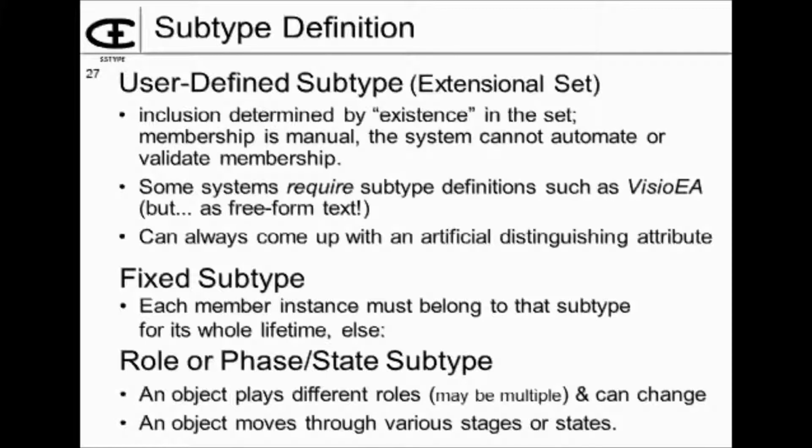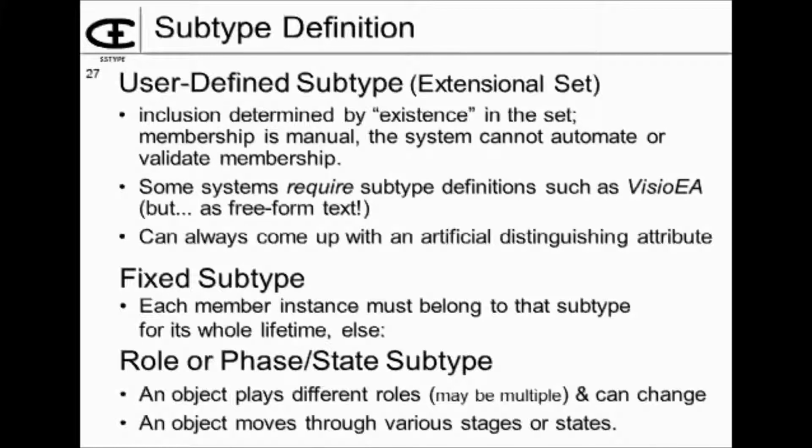Some systems require that there be a definition. Interestingly enough, in the Visio tool that's in Visual Studio, they require that there be a subtype definition, but all it does is look to see if there's some text there; it doesn't do any interpretation of that. We can always come up with an artificial distinguishing attribute.